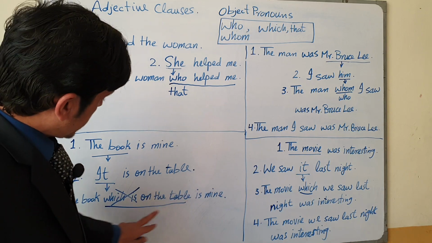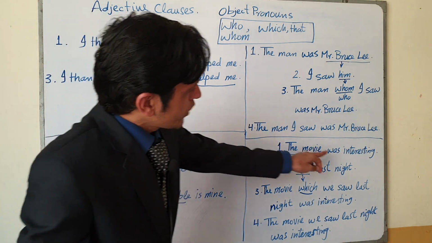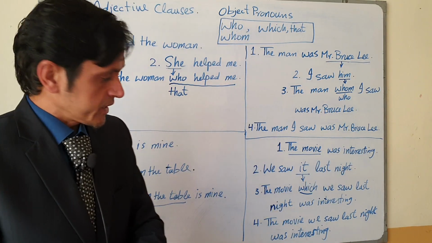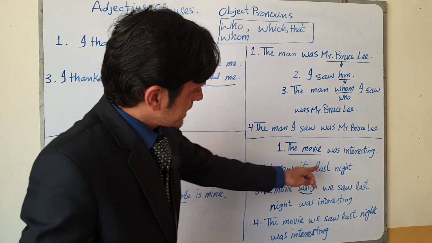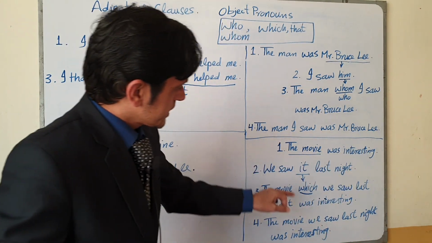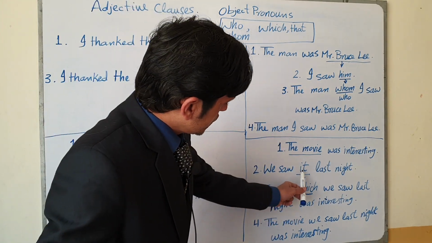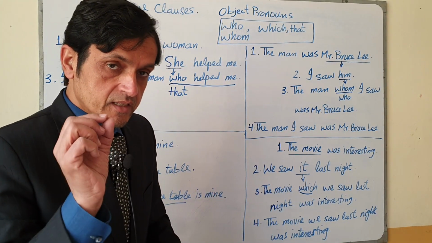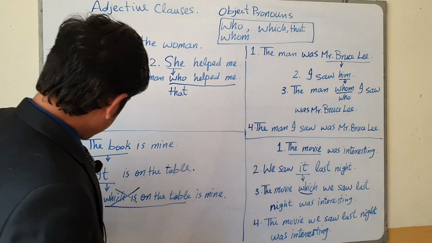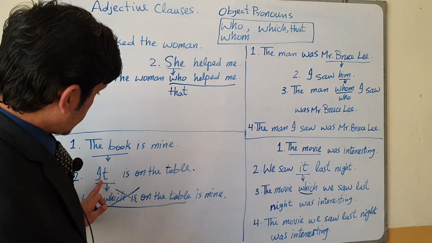Okay, now here the movie was interesting. This is independent clause. We saw it last night. This is another independent clause. Now here it is used in the objective case, but here it is in the subjective case. It is on the table.